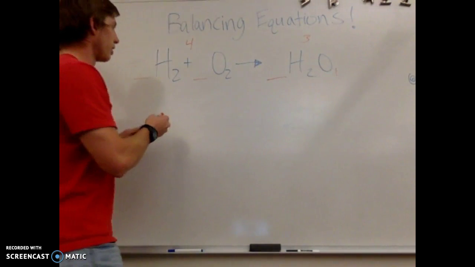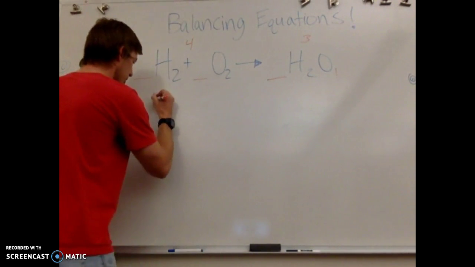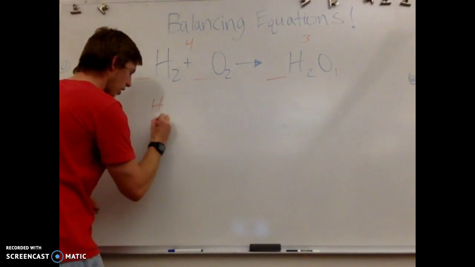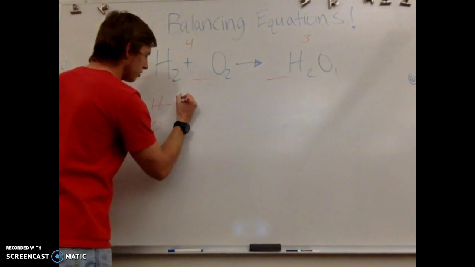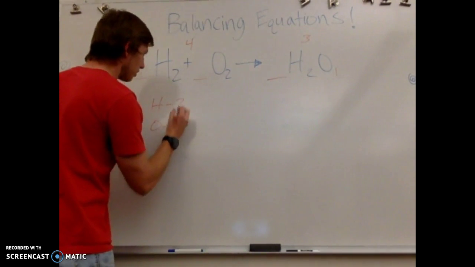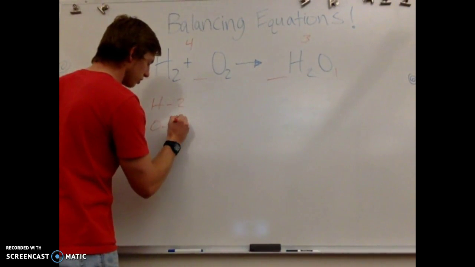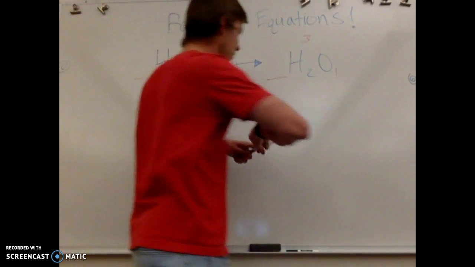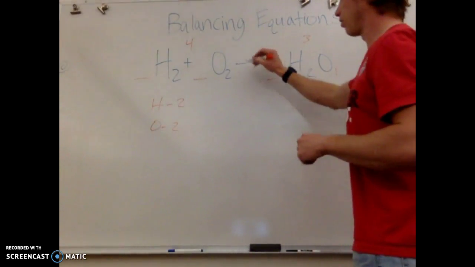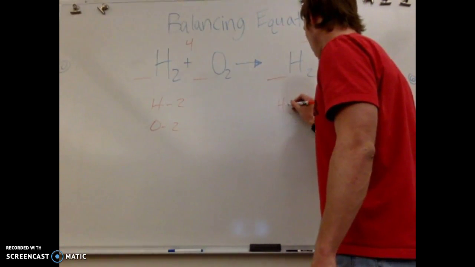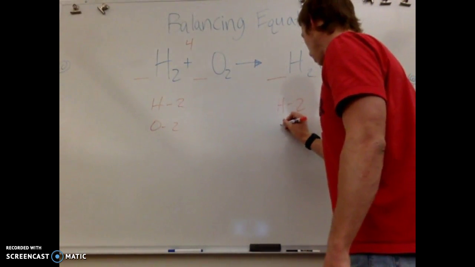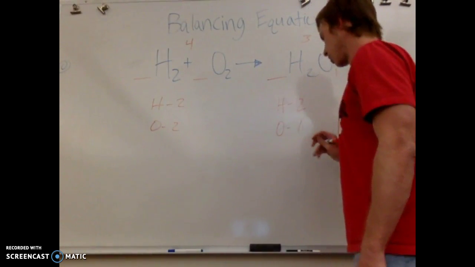First thing we're going to do is draw out how many of each atom we have on each side. On this side we have 2 H's, and 2 oxygens. On this side of the arrow, we have 2 hydrogens, but only 1 oxygen.